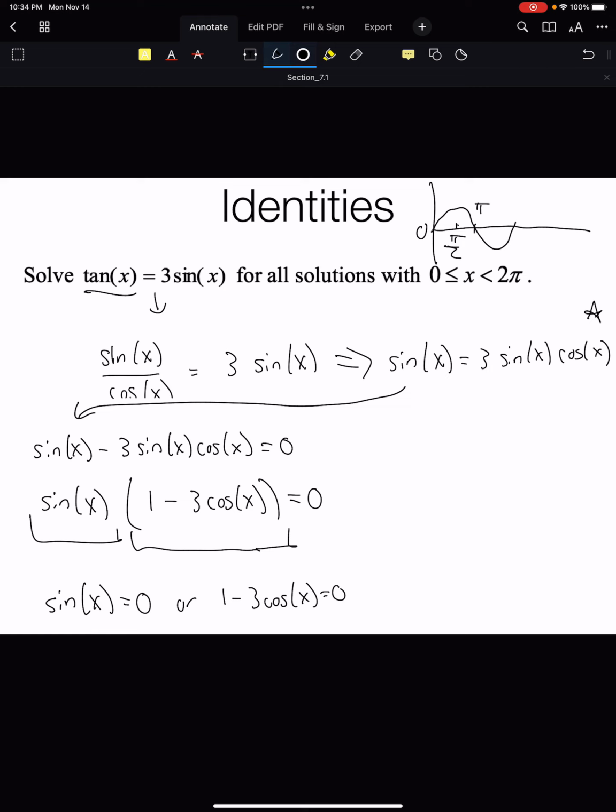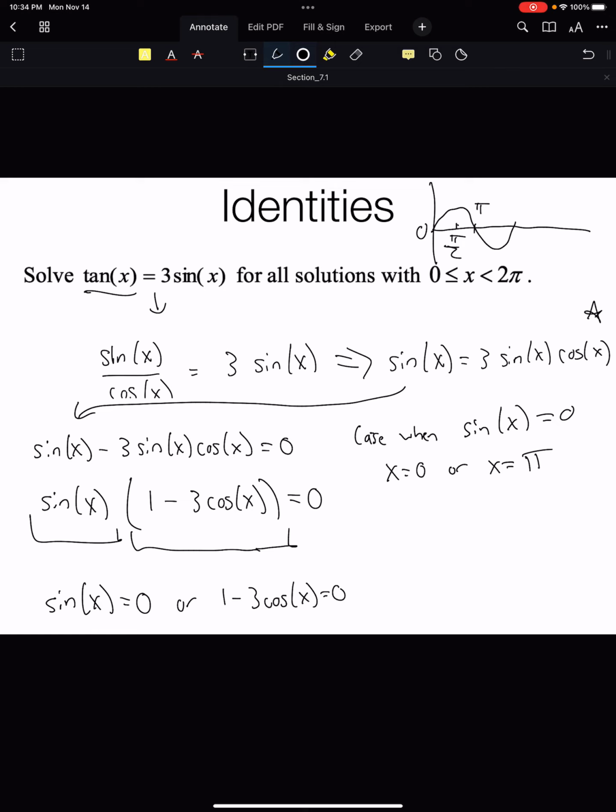And so for the case when sine of x is equal to 0, I know that x is either going to be 0 or pi. Okay, so we went over that. I think that was our very first identity in this section, had a case when sine was equal to 0, and so that happens at 0 or pi.